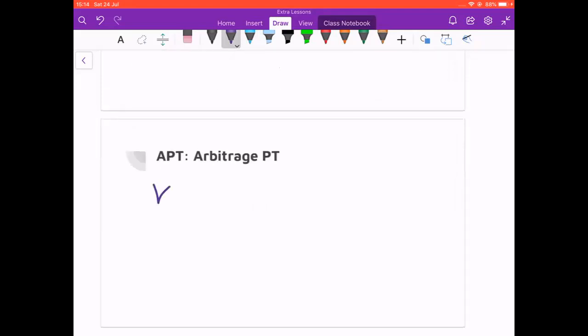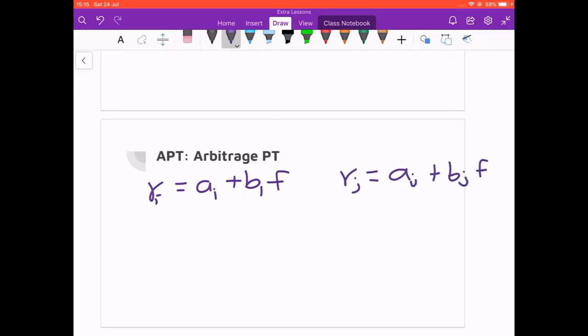So you have asset i, and the return is ai plus bi F. And then let's say we have another one, let's use i and j. The returns of j, you are going to have aj plus bj F.